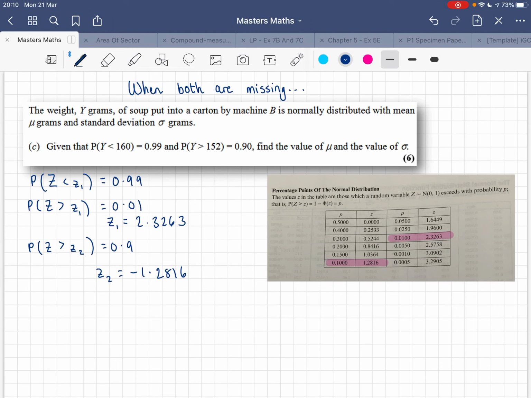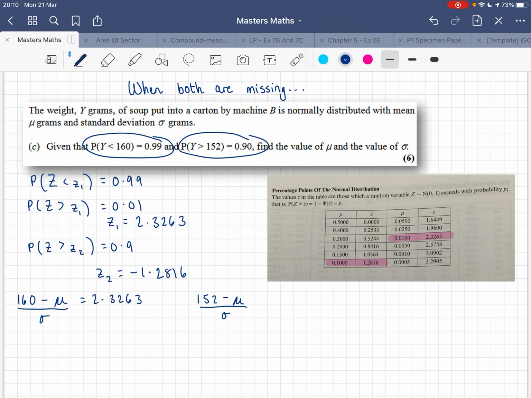So using the first, we have 160 minus the mean divided by the standard deviation gives us 2.3263. We also have, using the second probability, 152 minus the mean divided by standard deviation is negative 1.2816. Rearrange that until you get two linear equations.